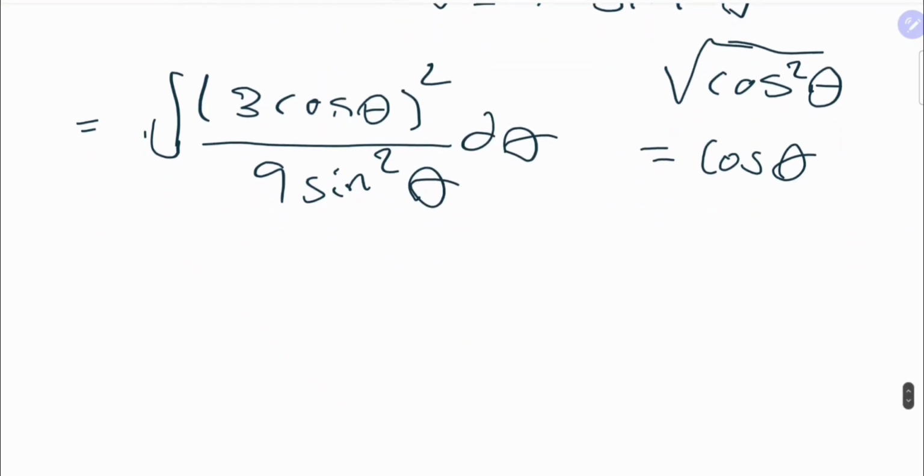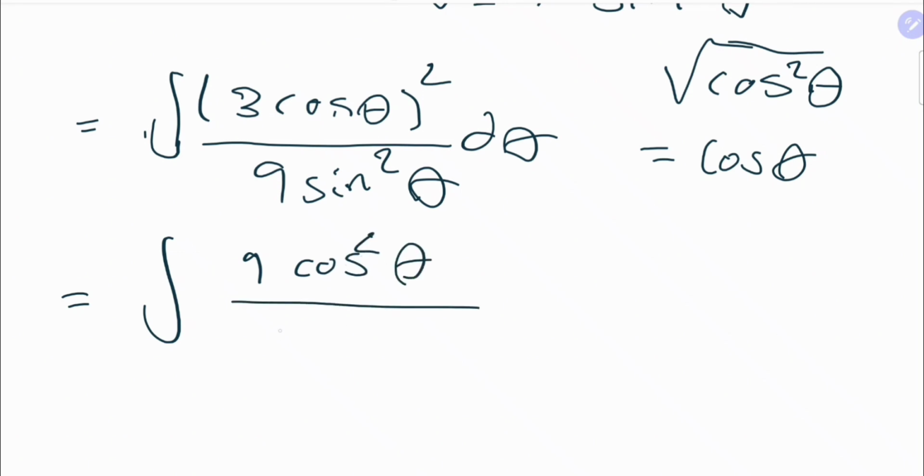Okay? So this is going to equal the integral of 9 cosine squared theta over 9 sine squared theta. Okay? So now you might be able to see that there's a 9 on the top and a 9 on the bottom, and they are both multipliers.